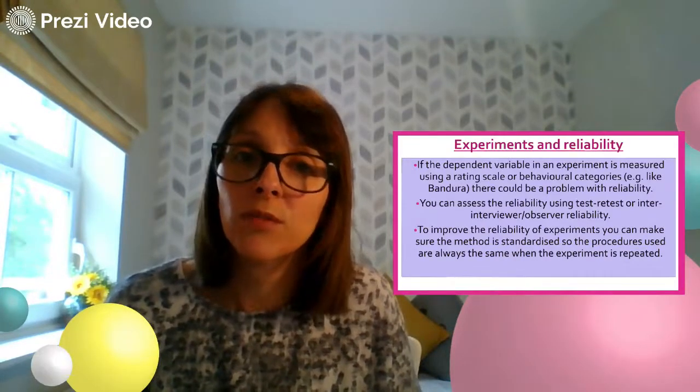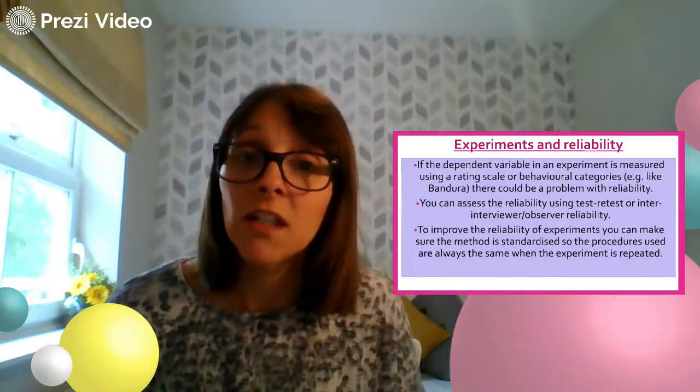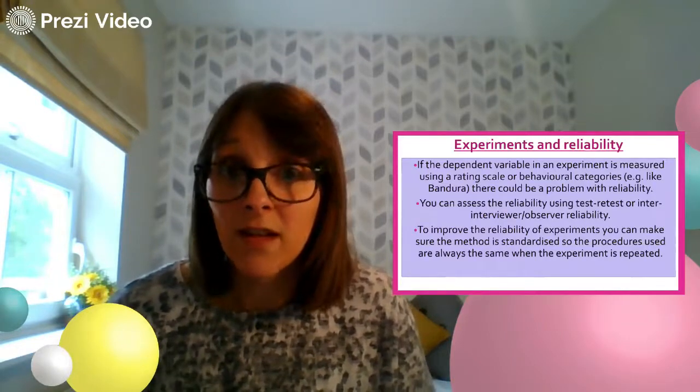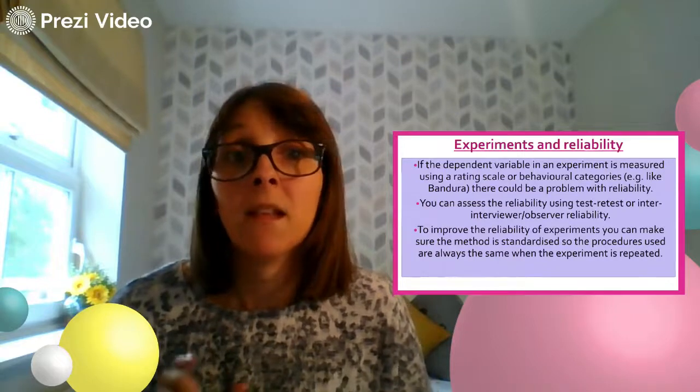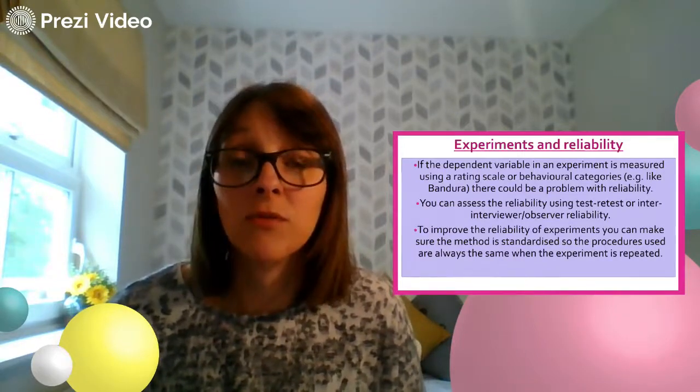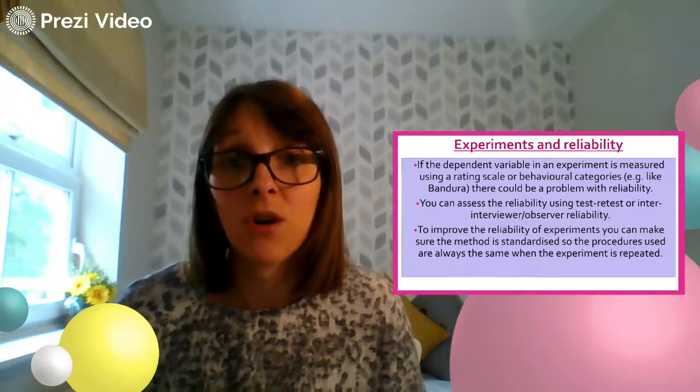Then what we can do to improve the reliability of experiments in general is make sure that we have clear operationalised categories or operationalised dependent and independent variables, so we know exactly what we're changing, we know exactly how we're measuring it, and then what we also need to do is make sure that our experiment is standardised.